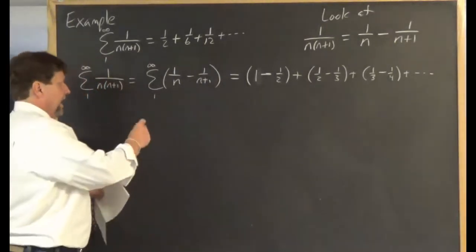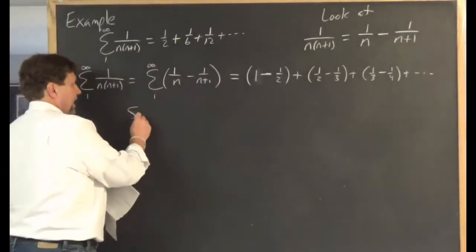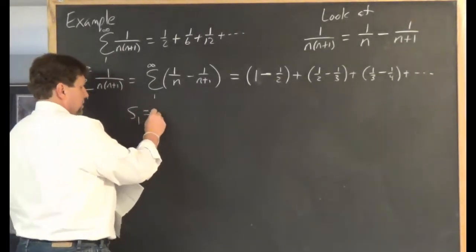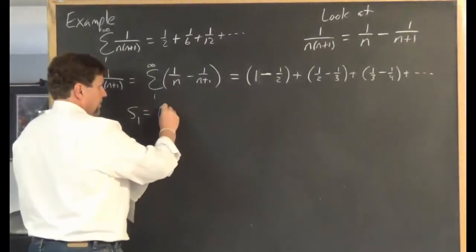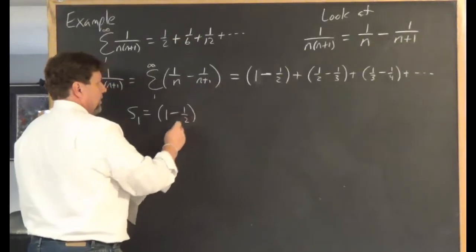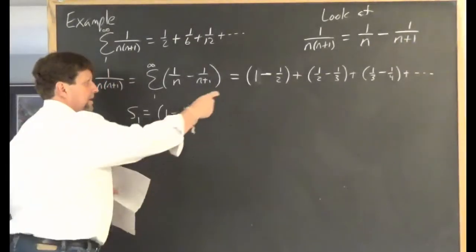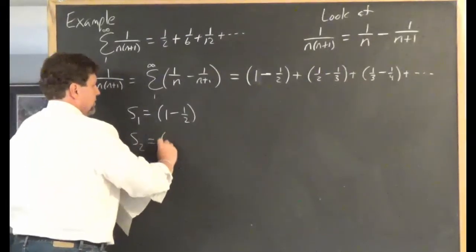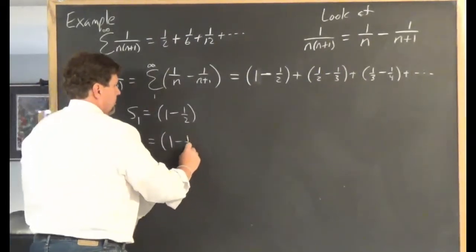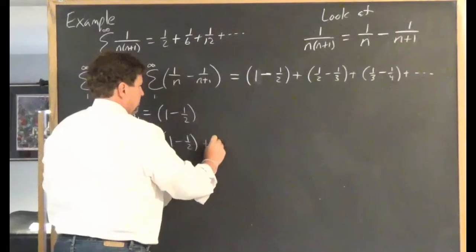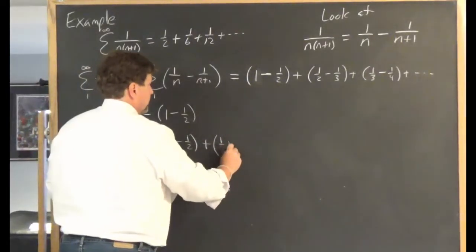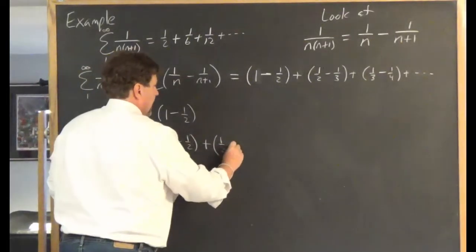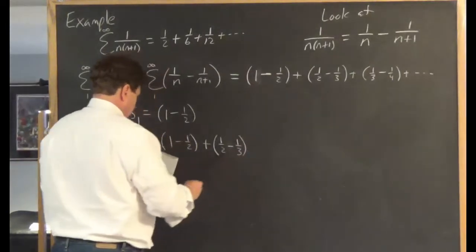So going through this again, partial sums. We know the first partial sum is 1 minus 1/2, the first term. The second partial sum is 1 minus 1/2 plus 1/2 minus 1/3.